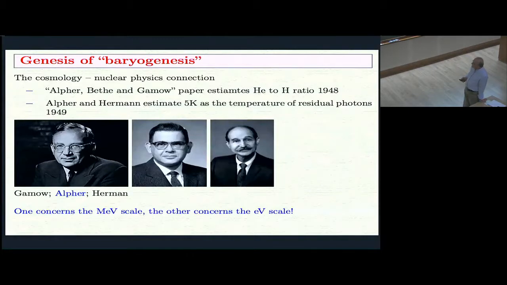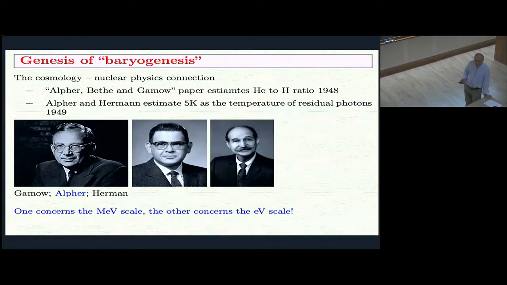I think a lot of you know that there was a so-called Alpher, Bethe and Gamow paper in 1948 which estimated helium to hydrogen ratio by considering nuclear interactions, which has now become a full-fledged subject under Big Bang nucleosynthesis. So this was the first paper, and the author list is in quote marks because actually it was worked out by Alpher, who is in the middle, and Gamow, who was an immigrant from Soviet Union.